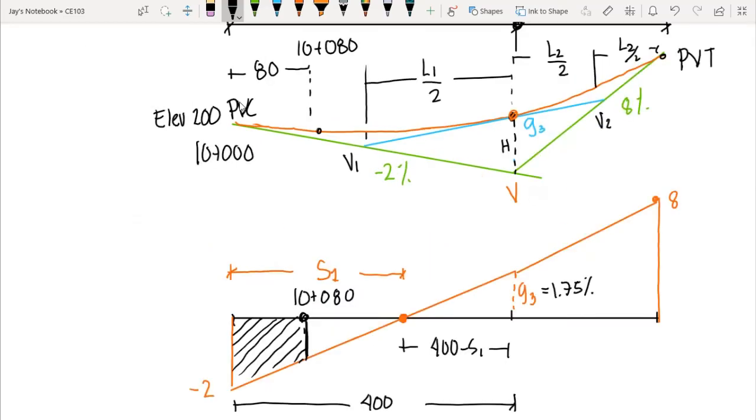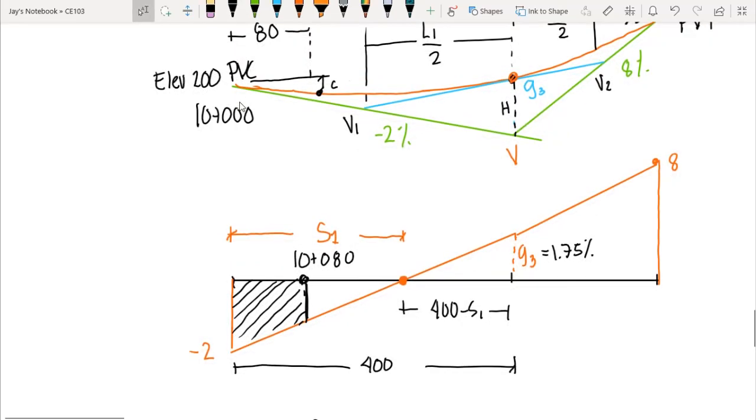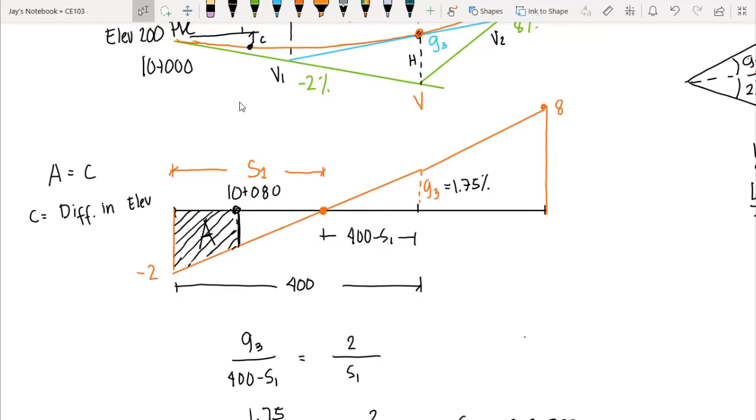Since we know that the vertical height C, or the difference in elevation between 2 points, is equal to the area of the grade diagram between those 2 points as well. So we will be computing this area, and again that area is equal to C, or that is our difference in elevation.